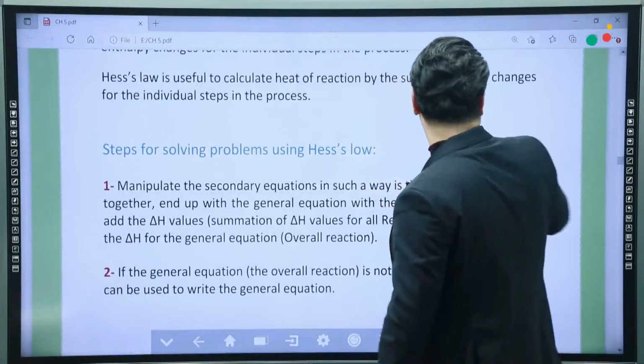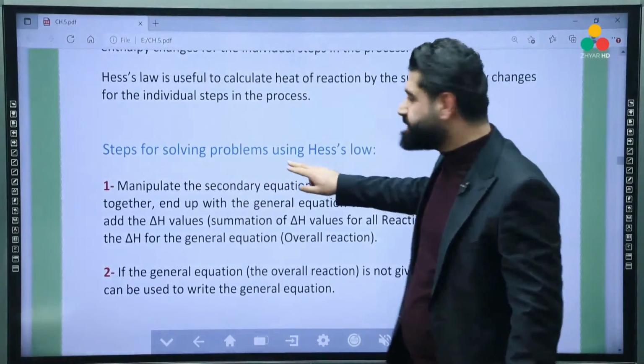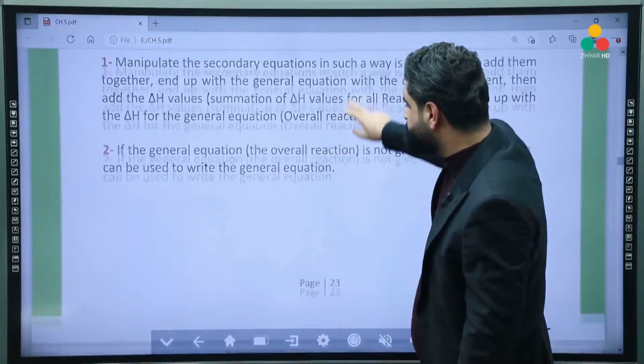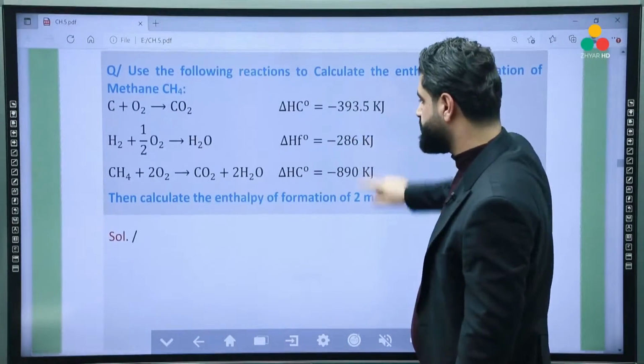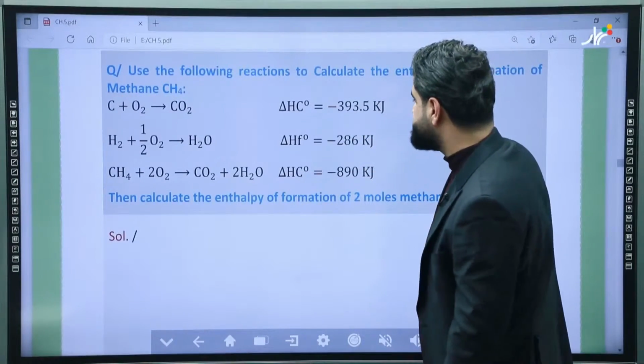I'm sure you are not understanding a word until I solve a question. So I will show you how to solve a question according to Hess's law.